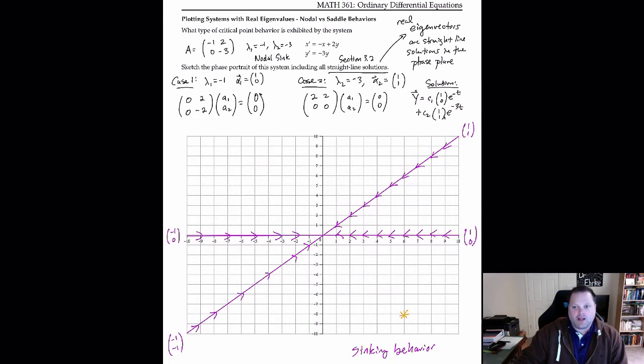For example, which vector, 1, 0 or negative 1, 1? Because the solution is going to get closer to one of those over time, which one of these two vectors does it get closer to? The answer is a solution over time will get closer to the vector which has more pull, which means the vector which is larger in magnitude. Now be careful here.